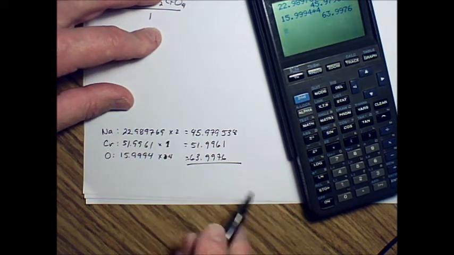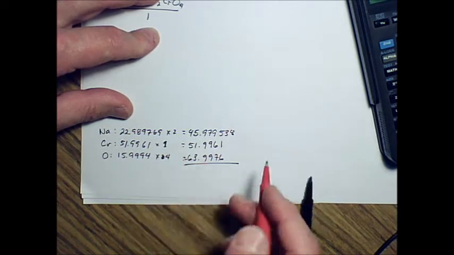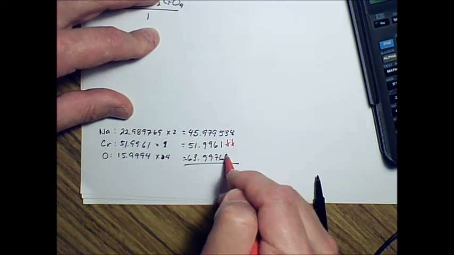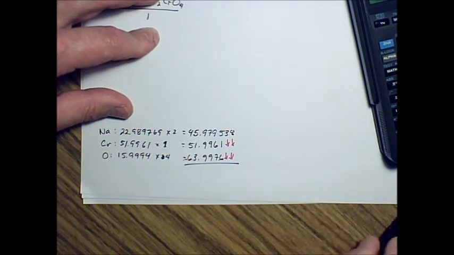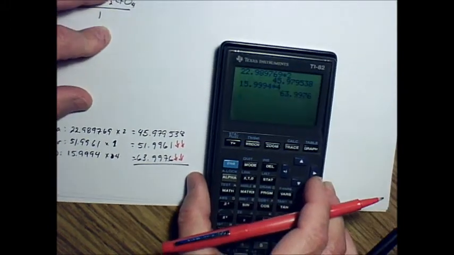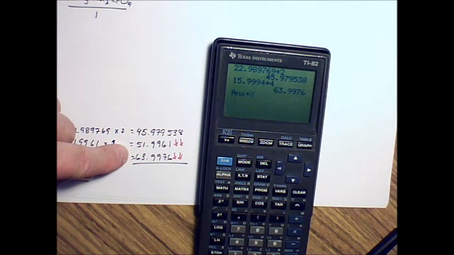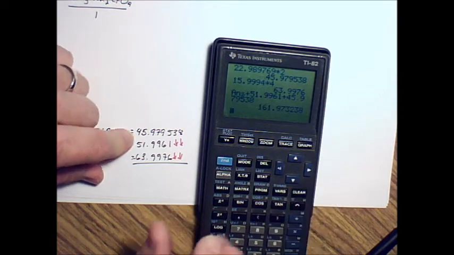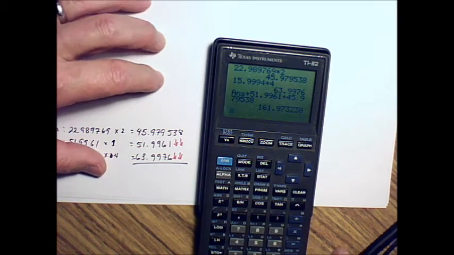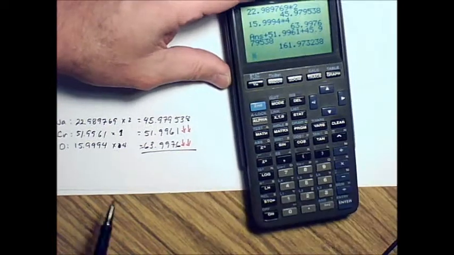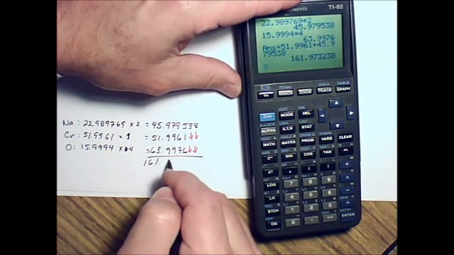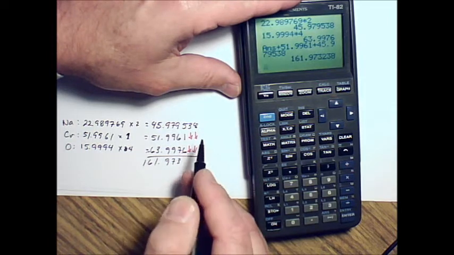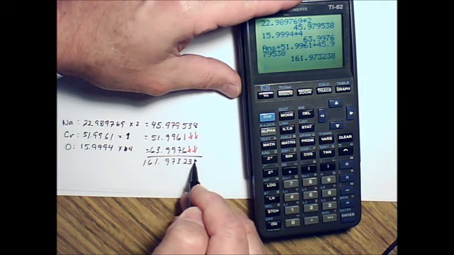I'm going to add all those together. Now notice there's a couple empty slots over here. So all these numbers, add them together. I get 161.973238.